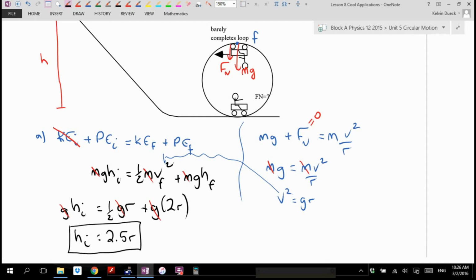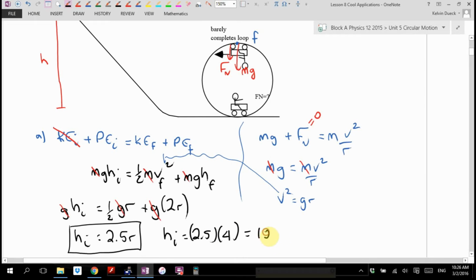Why? Oh, first of all, before we go on to part B, it's going to be 2.5. What is the actual radius of this question? You know what? I'll bet you can do that in your head. 2.5 times 4 is? It turns out you'd have to have a hill 10 meters high. Okay?